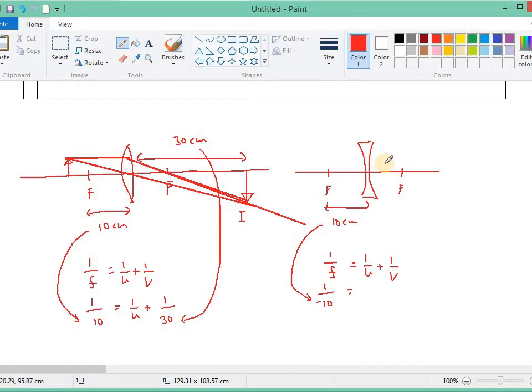But for this one, let's say the object is here.